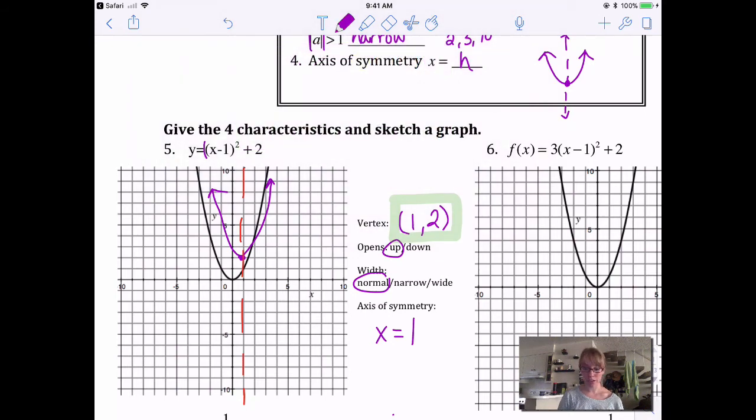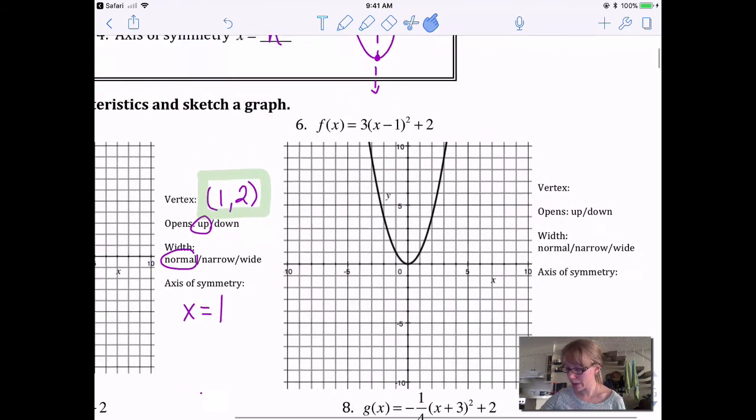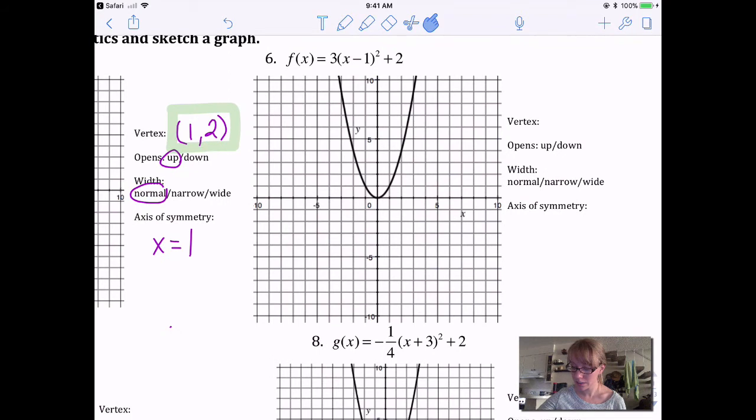So you're going to find your vertex, find which way the parabola opens, how wide it is, normal, narrow, or wide, and then draw the axis of symmetry. Number 6, if I look at the vertex, again, I do h comma k for my vertex. My x value always is with x, so the h is 1, and k is 2.